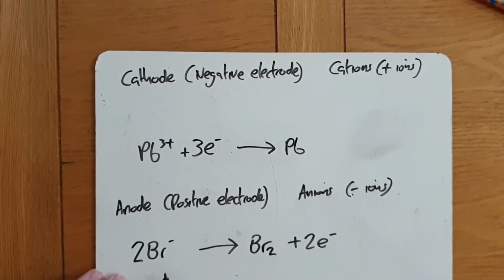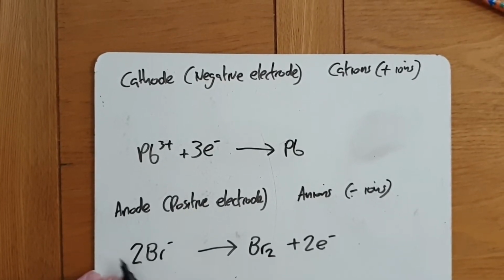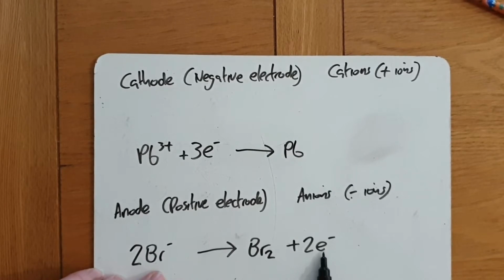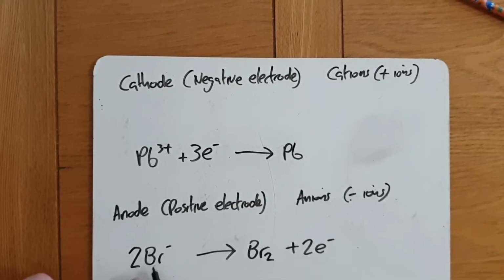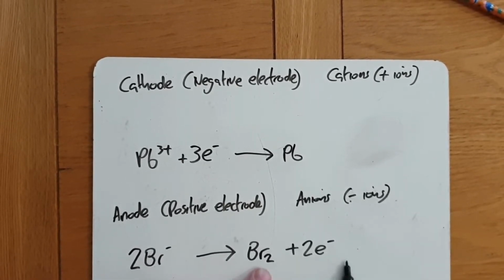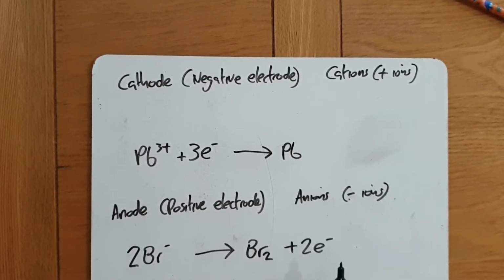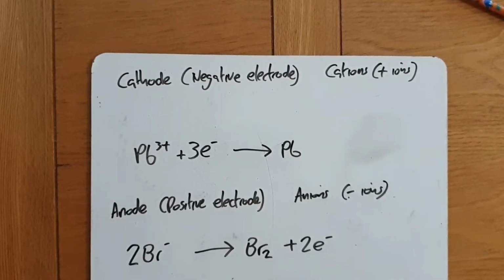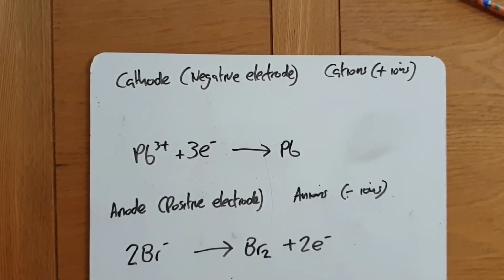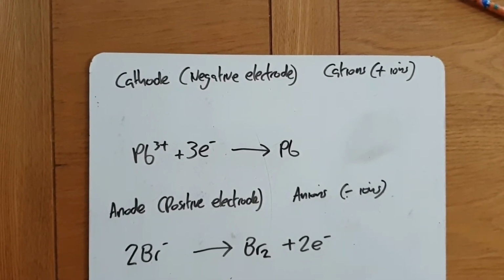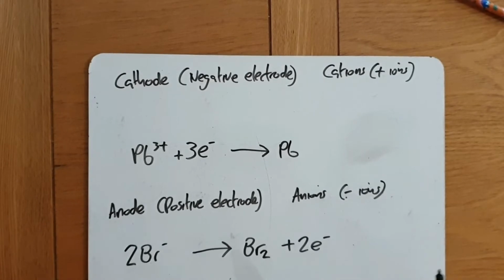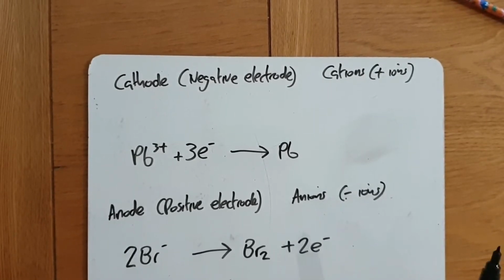What this is showing is the 2 bromide ions have both lost an electron. So the electrons here are on the bromines, and here they've been ripped apart from them. Okay? Stick with it if you're a little bit lost, because there's a couple of bits which will hopefully pull all of this together now.